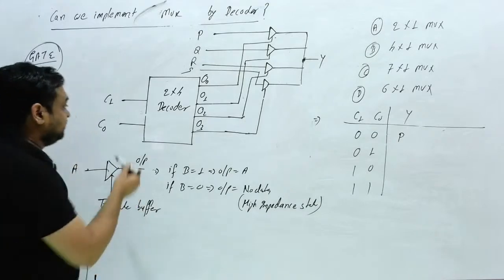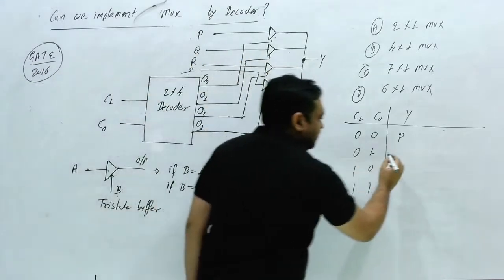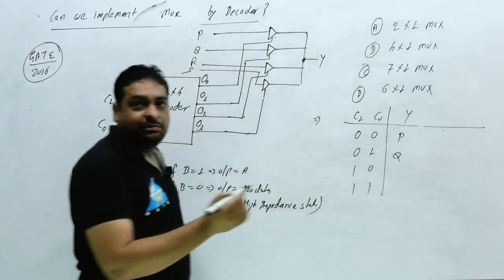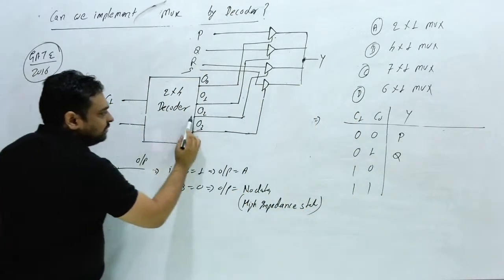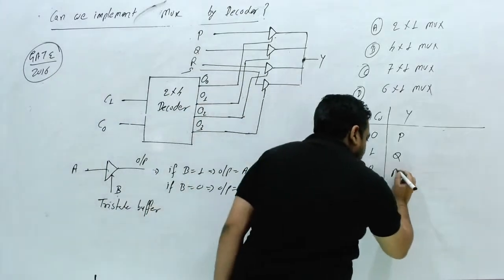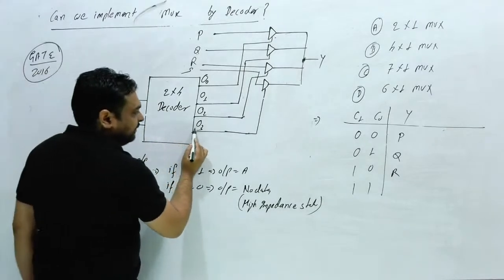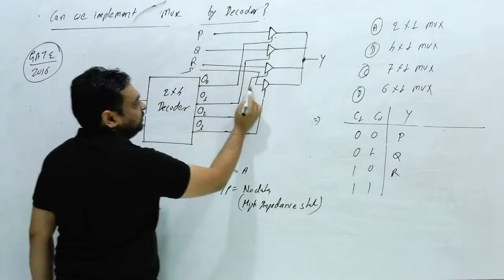If C1 and C0 is 0 1, then Q will be at the output. If this is 1 0, this will be activated and output will be R. And if this is 1 1, then output 3 will be activated and output will be S.